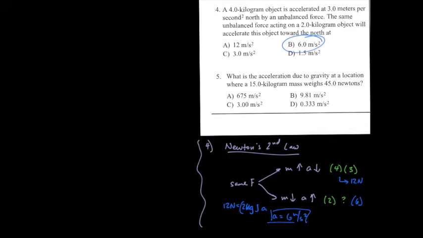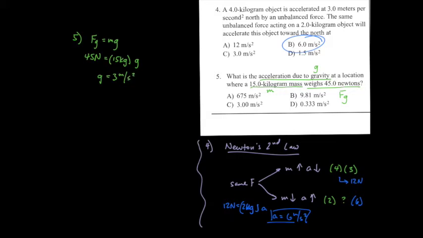Number 5, what is the acceleration due to gravity at a location where a 15 kilogram mass weighs 45 newtons? We're looking for g. We have m equal to 15 kilograms, and 45 newtons as our weight, F of g, force of gravity. So you plug it in, F of g equals m times g. 45 newtons equals 15 kilograms times g, solve for g, and we should get 3 meters per second squared.